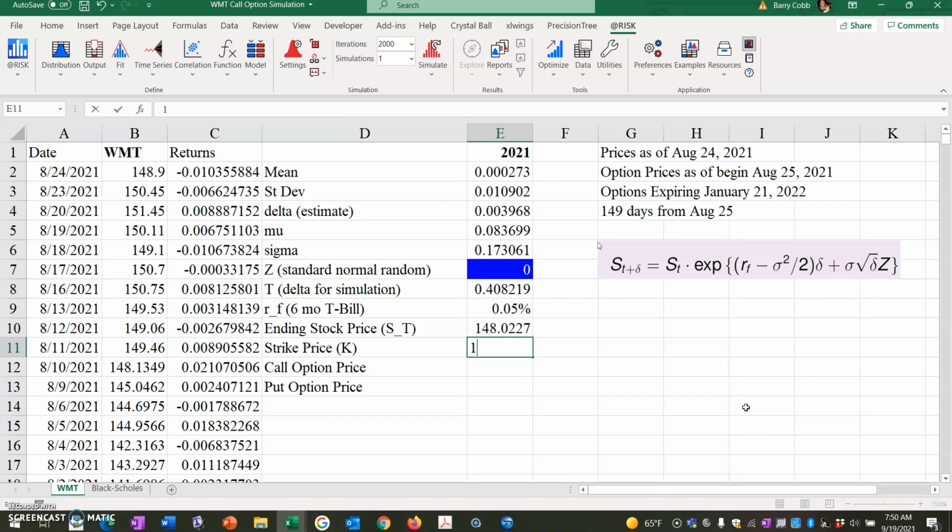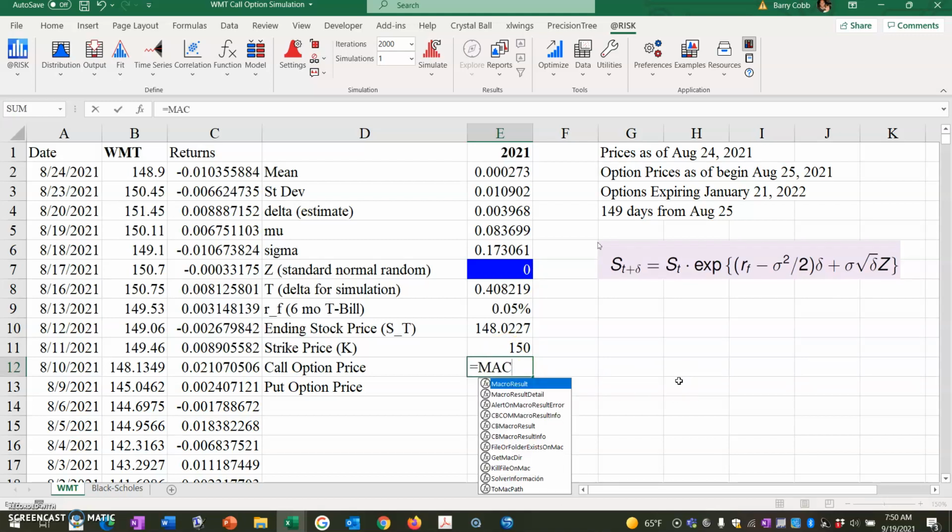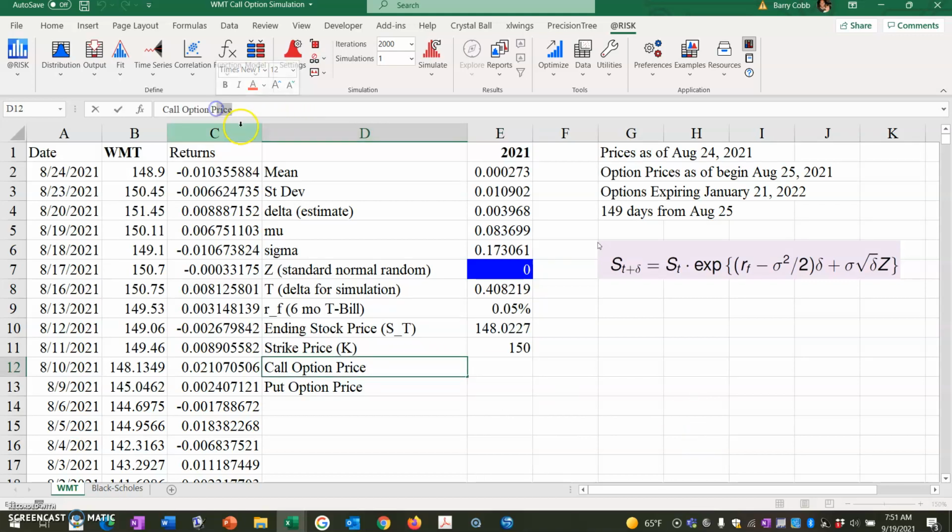All right, in this case, we'll price a call option and a put option that have a strike price of 150. And so the call option, I'm going to refer to this as call option payoff.